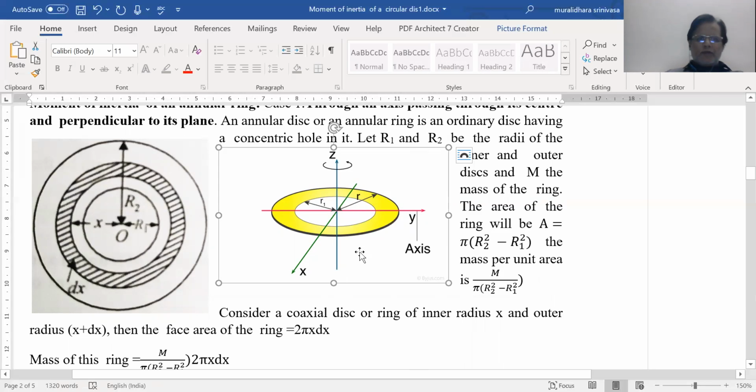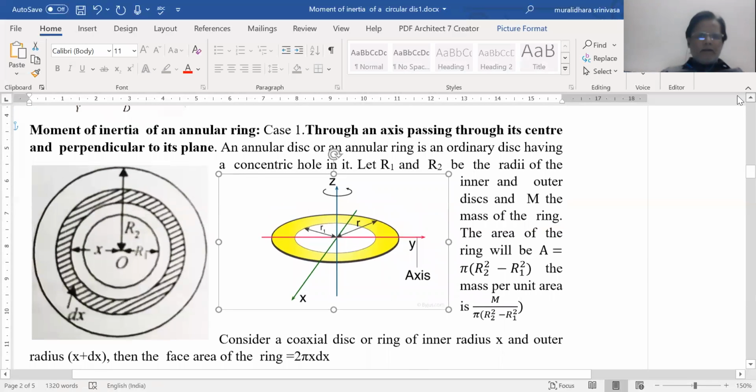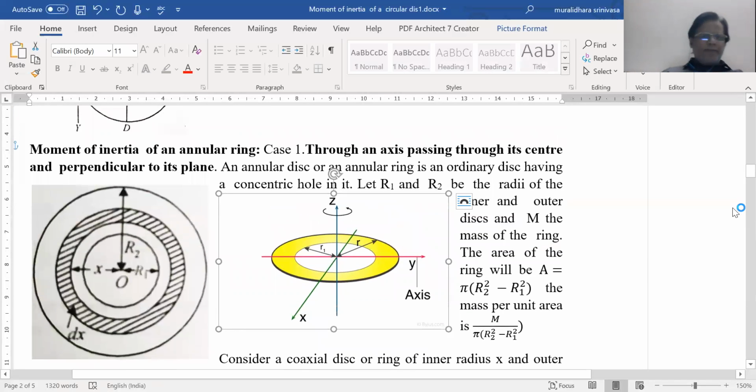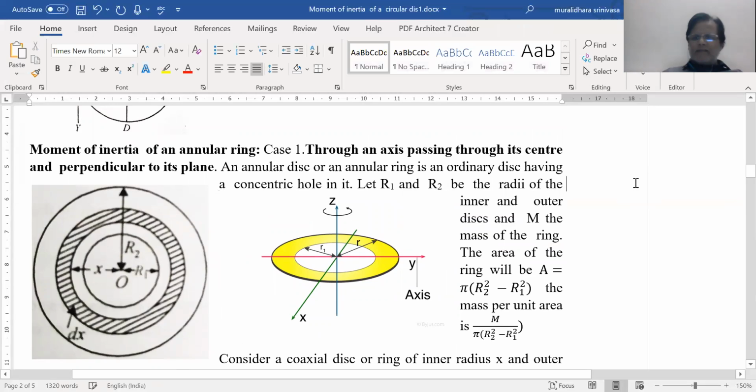They have also shown you the three axes about which the moments of inertia can be considered. The Z-axis is the axis perpendicular to the plane passing through the center of the disc. These two are the diameters at right angles to each other. So, now what do we do? As usual, the protocol is the same. We consider an annular ring.